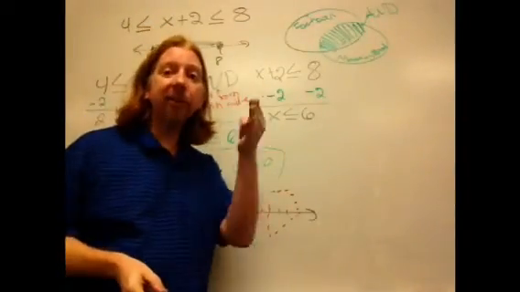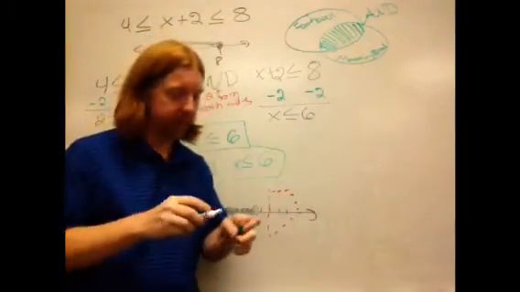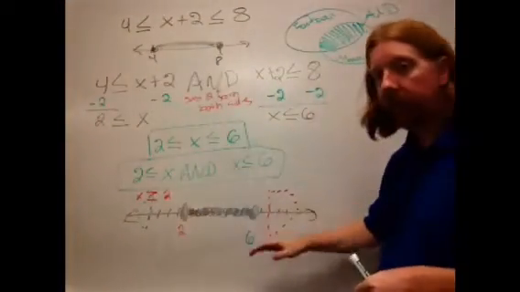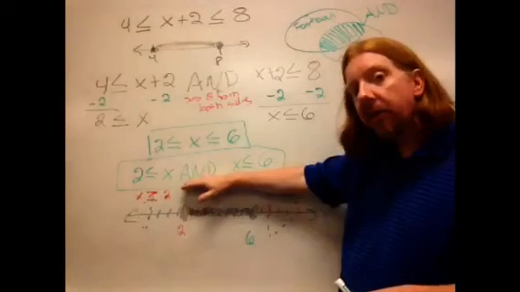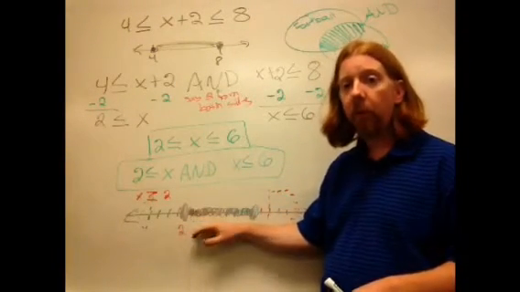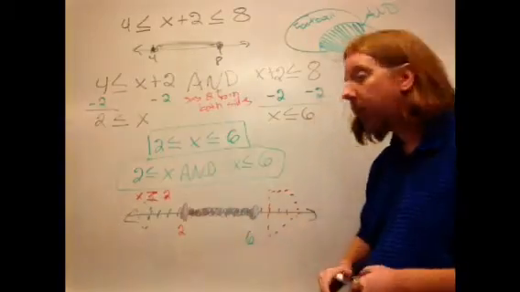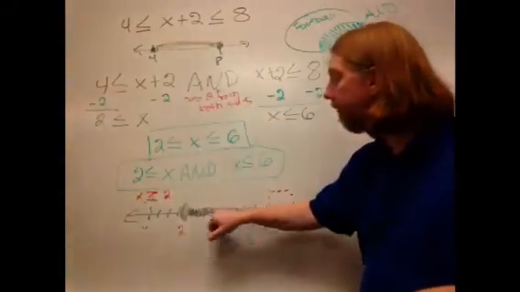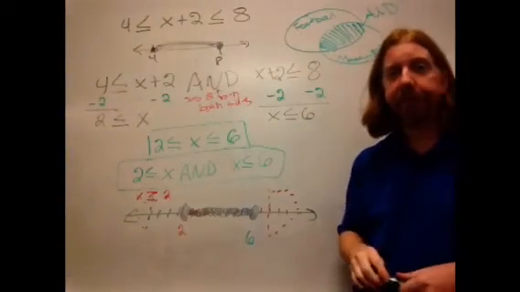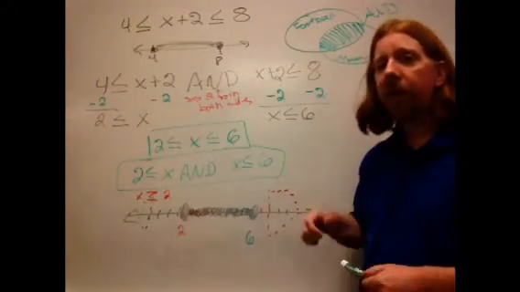I'm talking about an intersection of those two groups. So in this case, when I'm talking about inequalities, the word and has me looking for the overlap, where these two groups mesh. So all of these values make both of these two statements true. Let's take a look at another one of these.